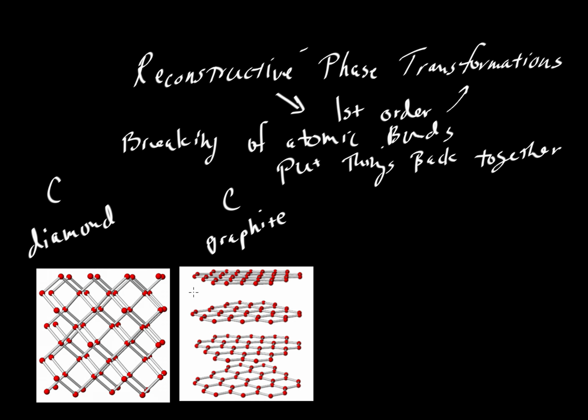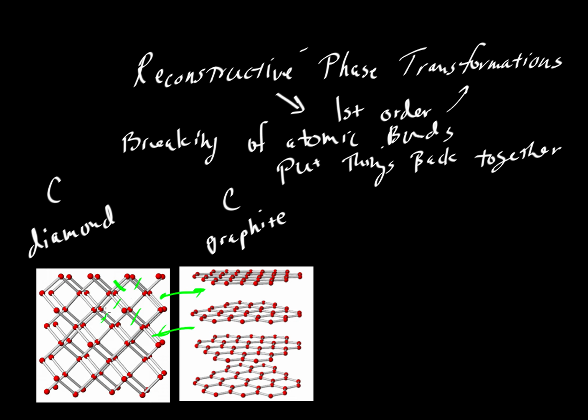To go from one phase to the other, either way, you're going to have to rip apart all these bonds. The red little circles here are the carbon atoms, and the sticks are just showing the bonds that connect those atoms. Not really sticks, but it's an easy way to illustrate it.